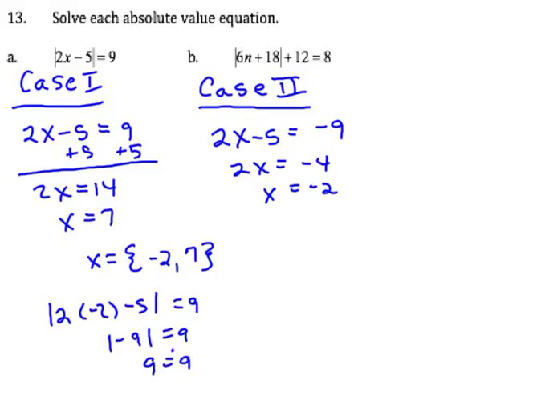So that case worked just fine. When we check the other case, I have to check 7. So I have the absolute value of 2 times 7 minus 5 equals 9. 2 times 7 is 14, minus 5 is 9. And of course the absolute value of 9 is 9. So both of those cases worked.